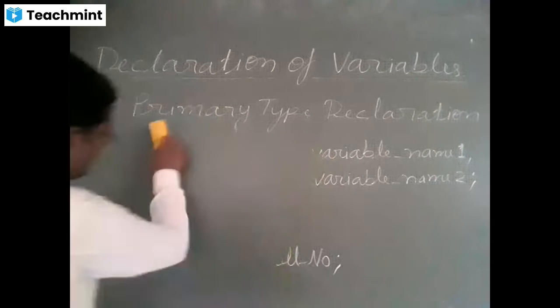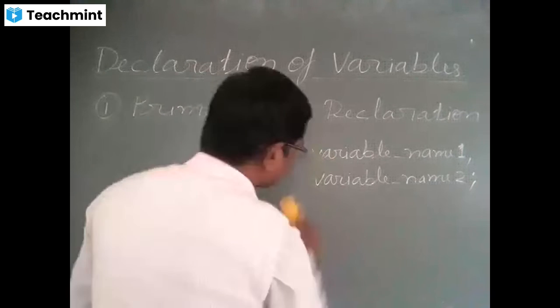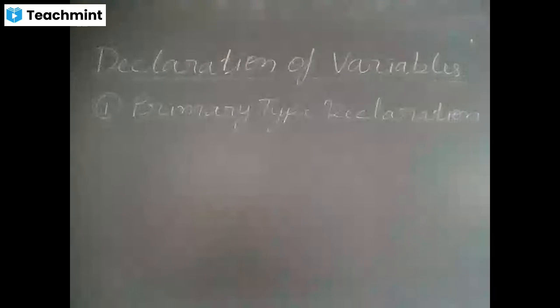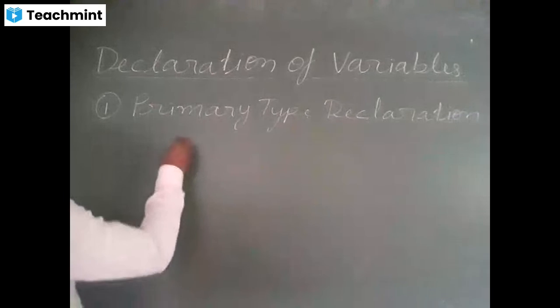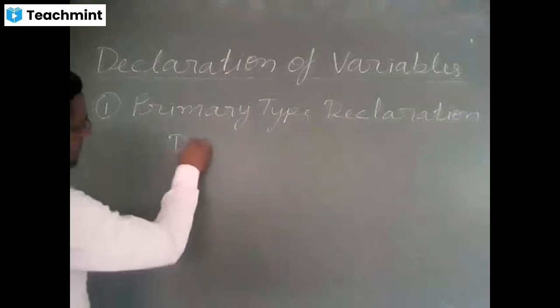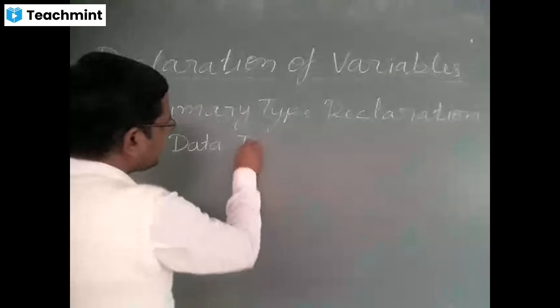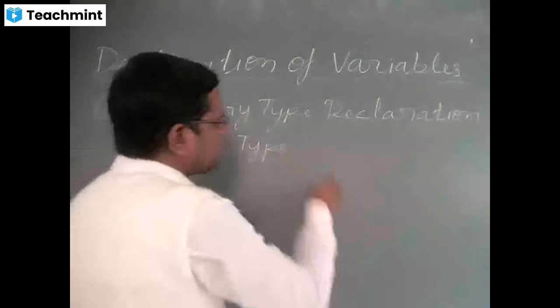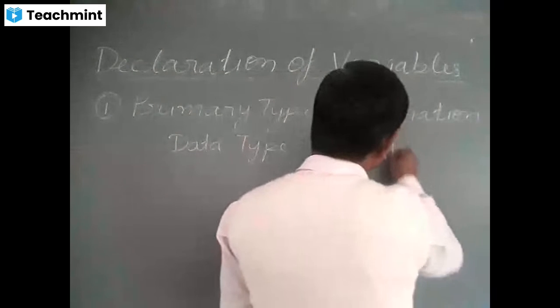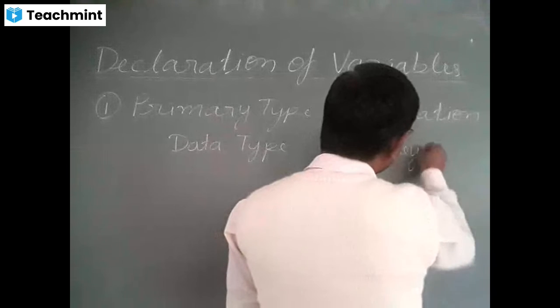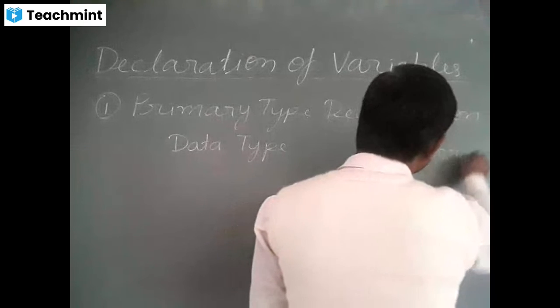There are various keywords for various types of data. We write the data type here and the equivalent keyword here.